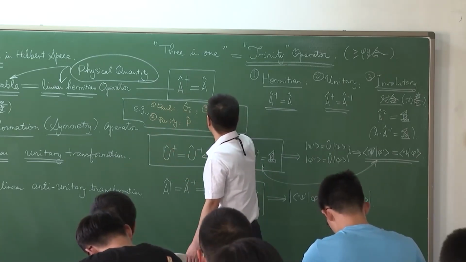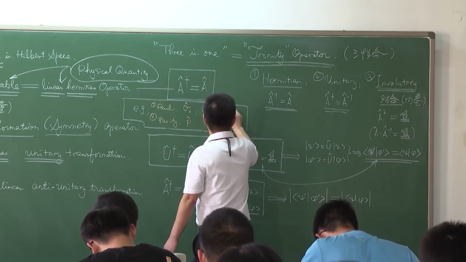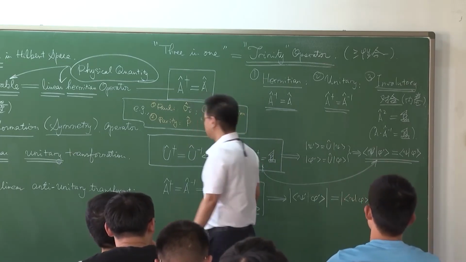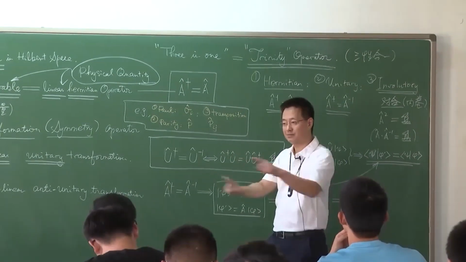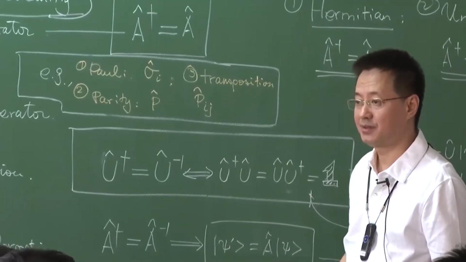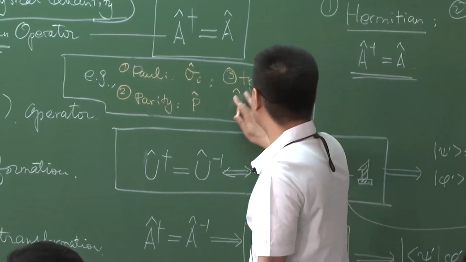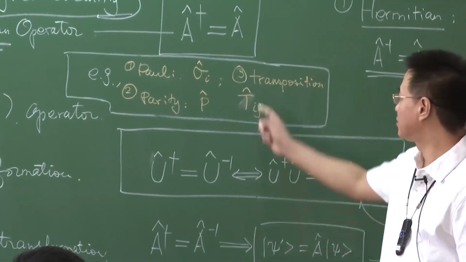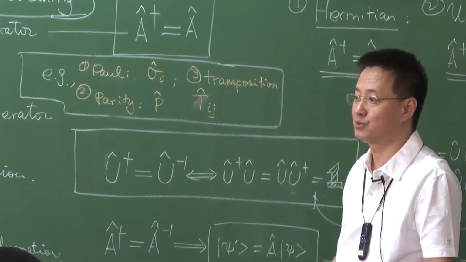And the third thing is the transposition operator, P_ij. In identical particles, if you exchange the ith and the jth particles, this is also a Trinity operator. But sometimes many people prefer to use T because it is a transposition. Transposition is very similar to the transpose of a matrix.